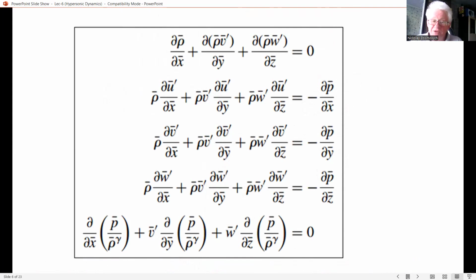And the purpose of the present module is to discuss how these equations can be solved for the hypersonic flow over slender bodies. The material in this module is a representative sample of a bulk of solutions generated, let's say, over the past 40 years.